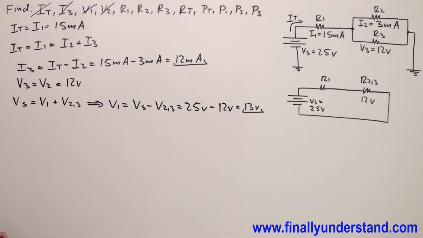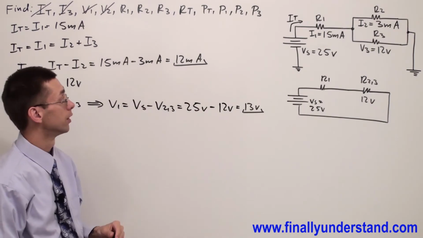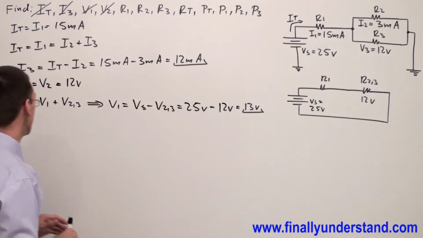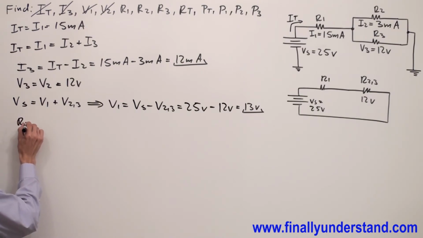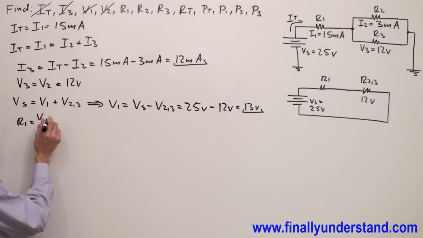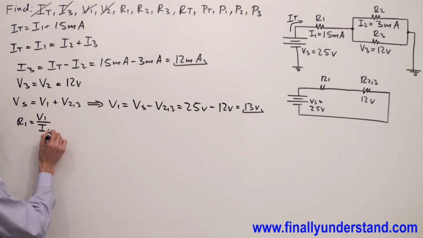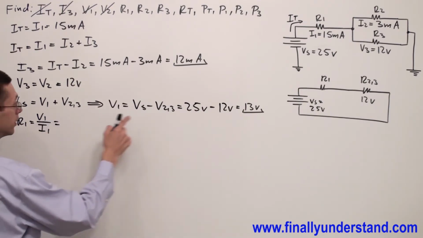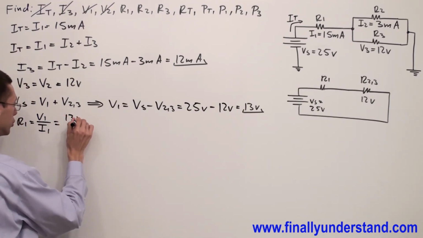Now we are ready to find the resistances in our circuit. Resistance R1 is equal voltage across resistor R1 divided by the current which goes through resistor R1. So we found that V1 is equal 13 volts.